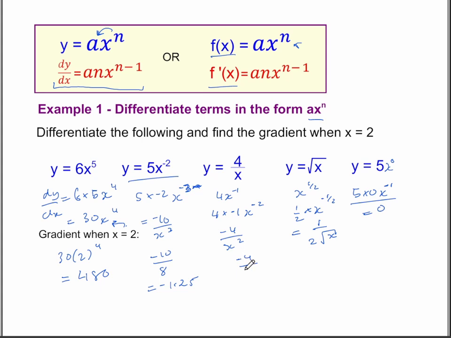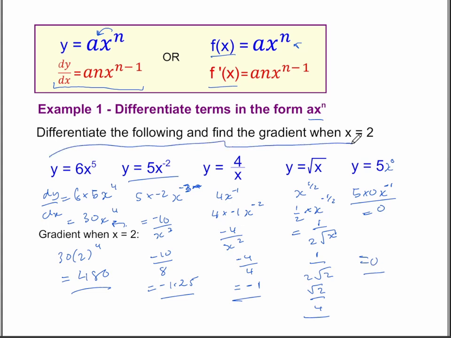Negative 4 over 2 power 2, which is 4, is just going to be negative 1. 1 over 2 root 2 is just going to be root 2 over 4. And 0 is just going to remain as 0, because whatever x you put, it will remain 0. You can't even put an x into this. Therefore, these are going to be the gradients when x is equal to 2 for each of these equations.